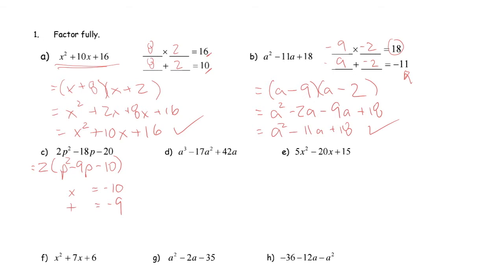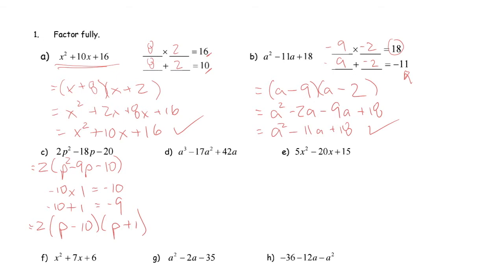So in this case, this could be negative 10, for example, and 1, and negative 10 plus 1. That's where I'm getting the negative 10 as a product and the negative 9 as a sum here. And so I can factor that as 2 multiplied by p minus 10 and then p plus 1. Just in the interest of time here, I'm not going to bother expanding that out.